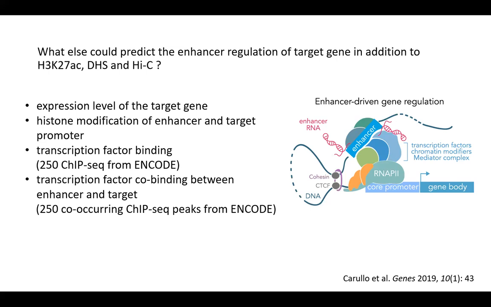The histone modification of the enhancer and the target promoter, transcription factor binding that we can gather from the study called ENCODE. And we also thought maybe these transcription factors are binding to the enhancer and the promoter at the same time. There's going to be a co-occurrence of peaks between the enhancer and the promoter of the same transcription factor, and that co-occurrence could provide us information. So those are the variables that we decided to put into this machine that will learn the model.